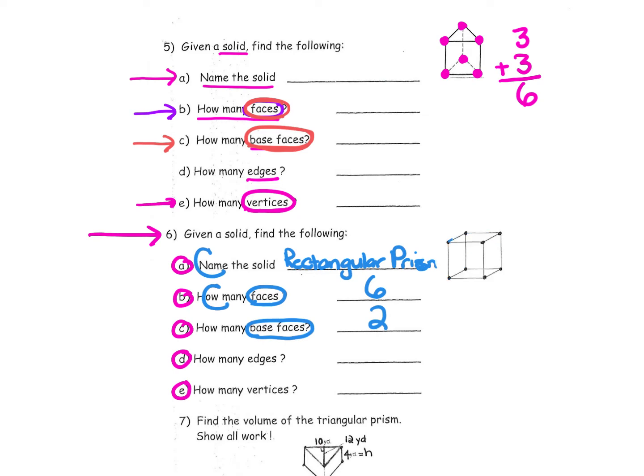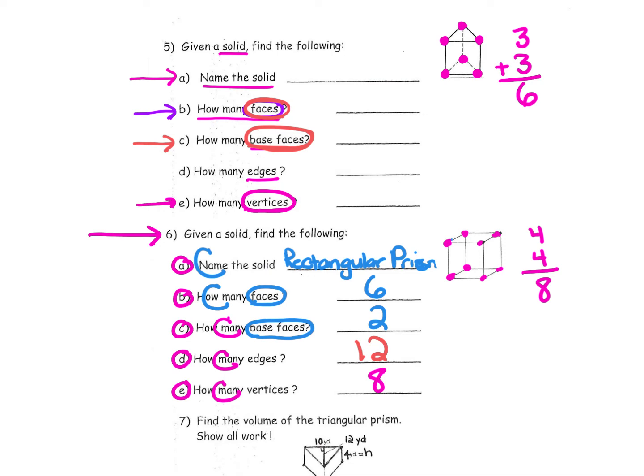When it comes to edges, there are 4 edges on top, 4 edges along the side, and 4 on the bottom. That means 12 altogether. And when it comes to vertices, there are 4 on top and 4 on the bottom. That's a total of 8. Give yourself a C for the ones you got correct.